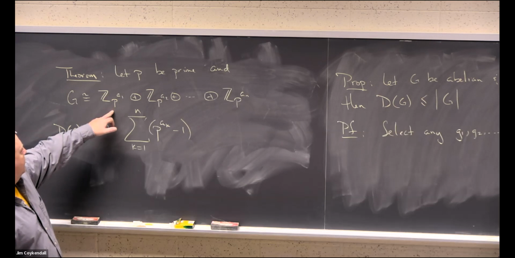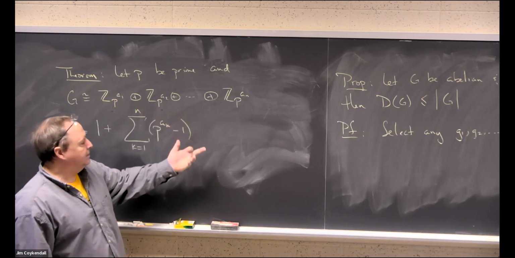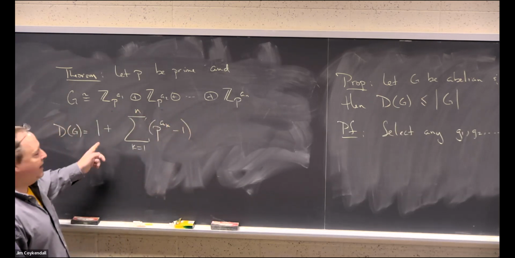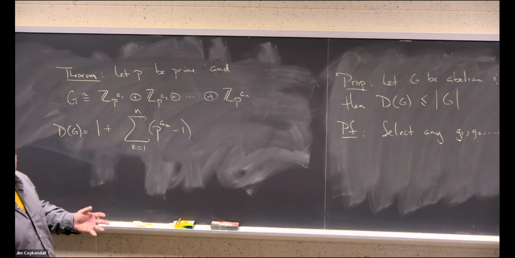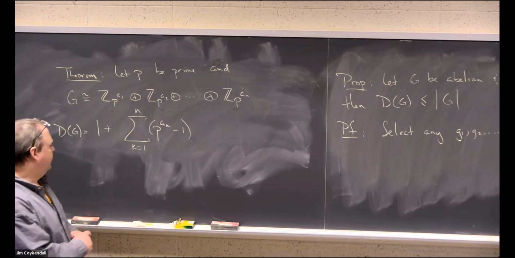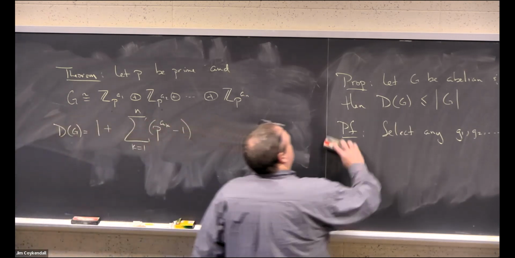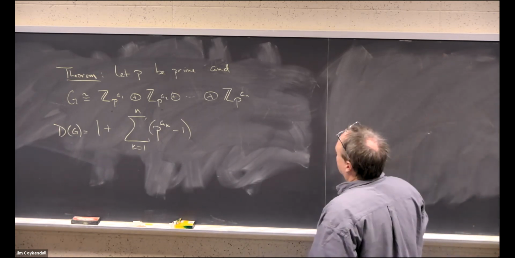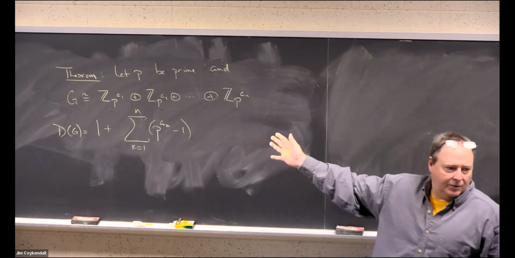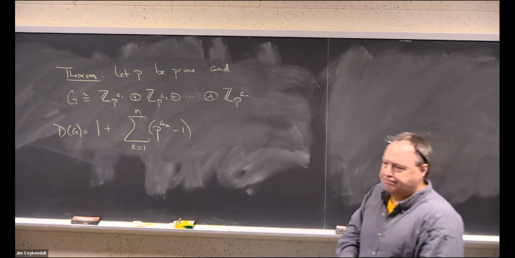So it's whatever the order, minus 1, all the way up, and then add 1. And this is the pattern that we saw with Z2, Z2, and Z2, Z2, Z2. So this basically takes care of it for p-groups.